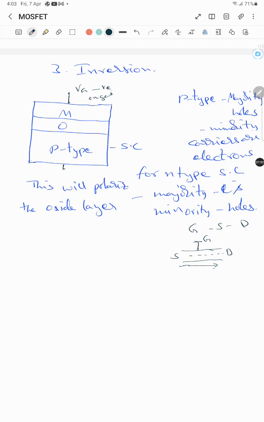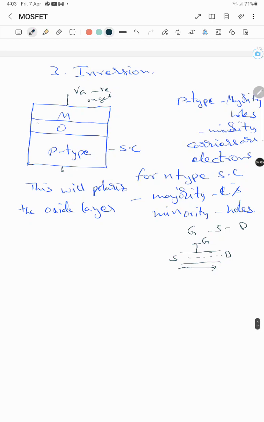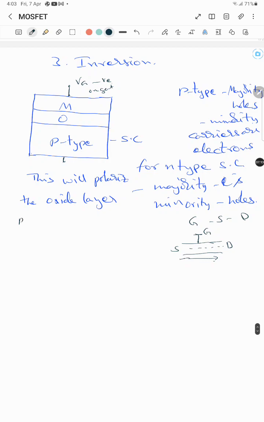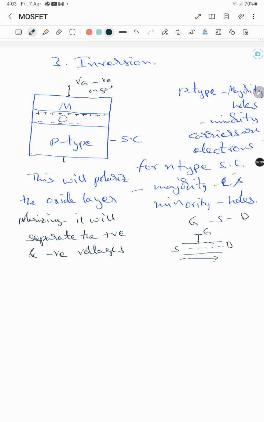Polarizing means it will separate the positive and negative charges in the oxide layer. That means this negative voltage attracts the positive charges in the oxide layer to this side and negative charges to this side.